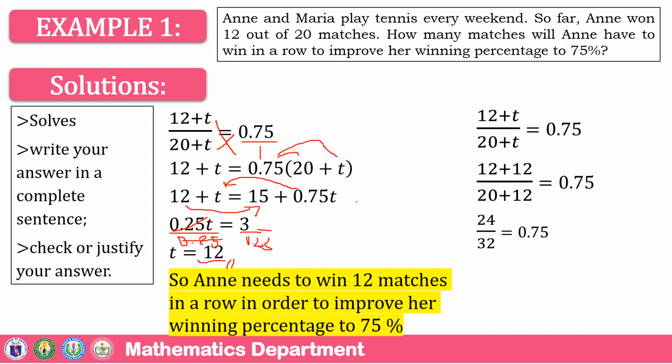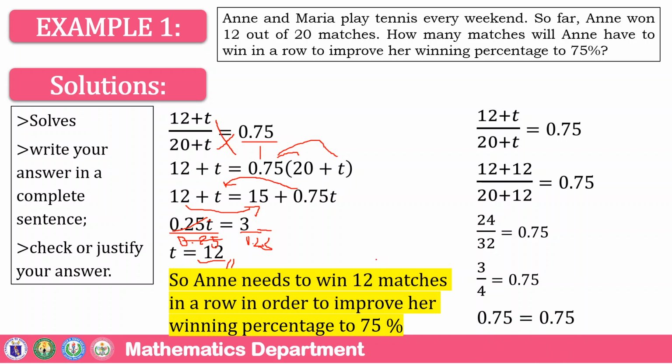So, 24 over 32. So, 24 and 32 are both divisible by 8. So, divide natin siya both numerator and denominator by 8. So, ang kalalabasan, we have 3/4 is equal to 0.75. And 3/4, kapag kinonvert natin siya into decimal, so that is 0.75 also.